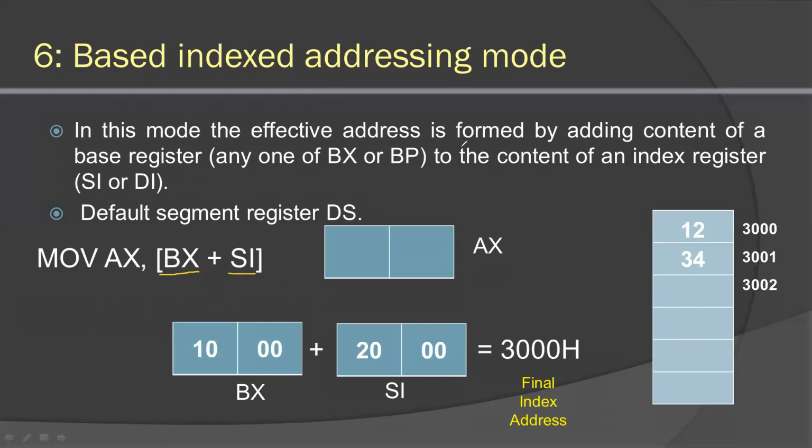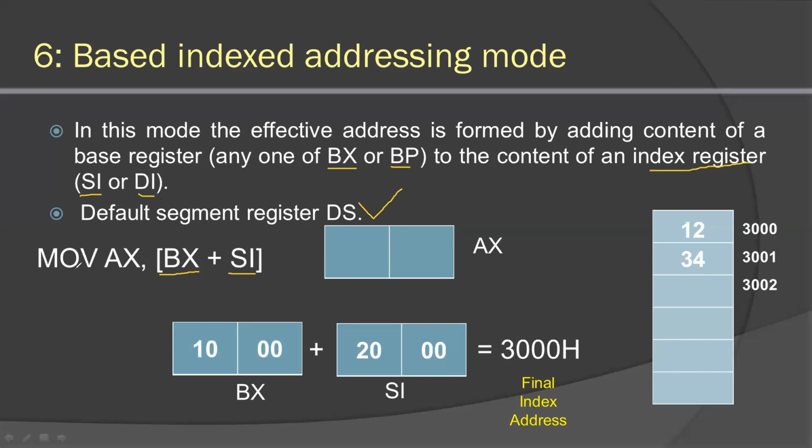Base register means here either BX or BP. Index register means either SI, source index, or DI, destination index. Again, in all these operations, default segment register will be DS, because DS segment is used to store operands.